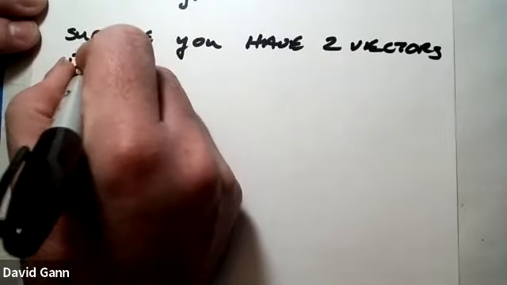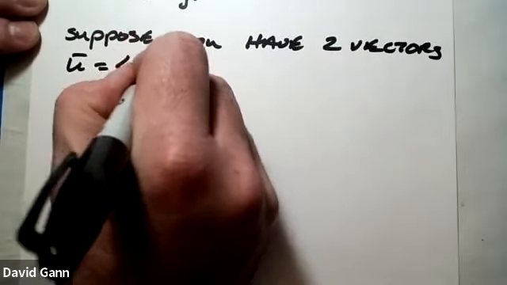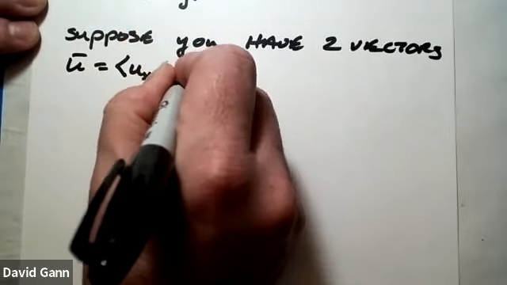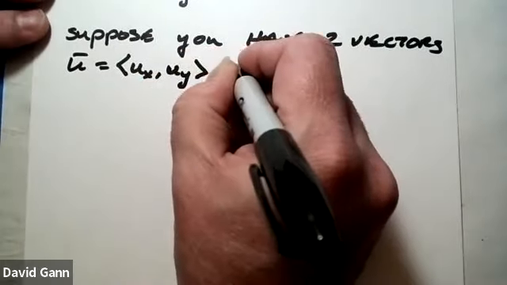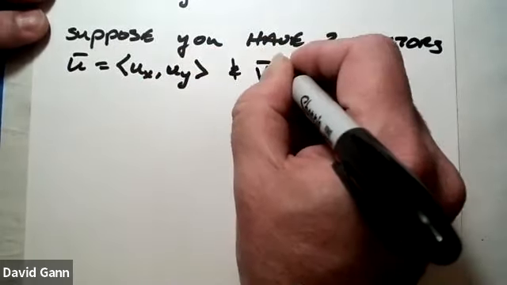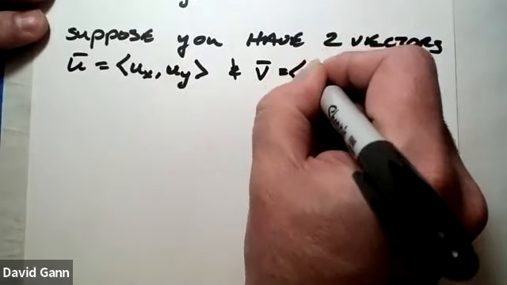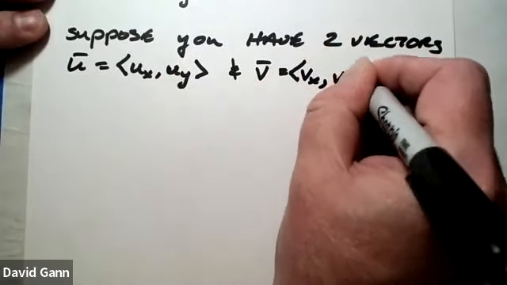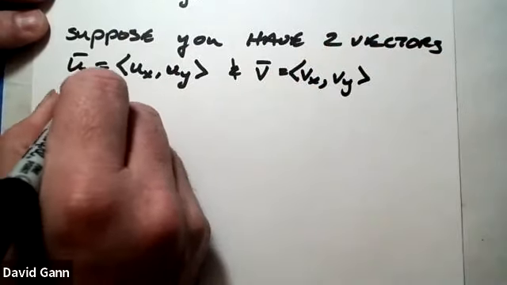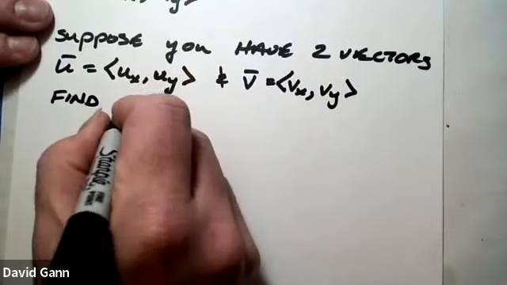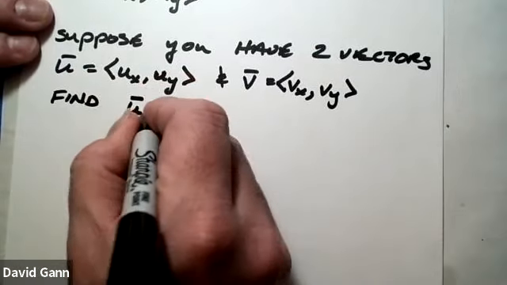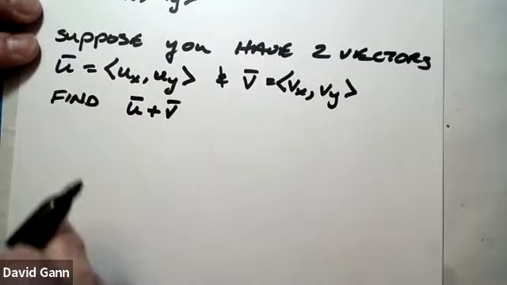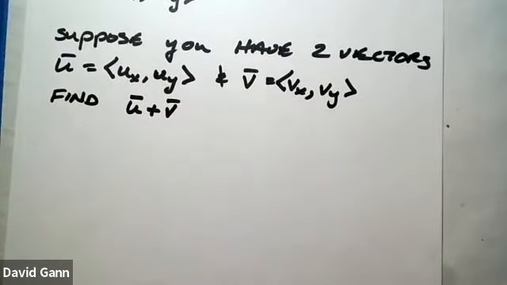Let's say u, which equals ⟨ux, uy⟩, and v, which equals ⟨vx, vy⟩. Find, let's say, u plus v.